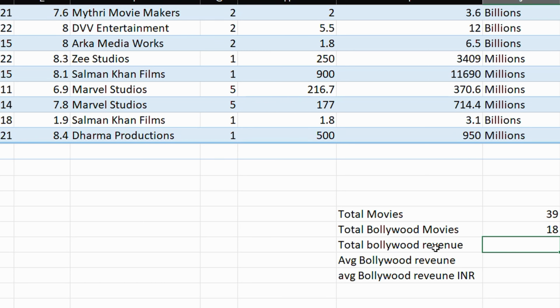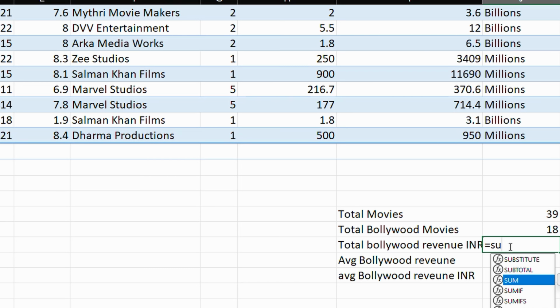Now you have to find the revenue. So for that, revenue in what? The total revenue in INR. Okay. So for that, press equals to sum.